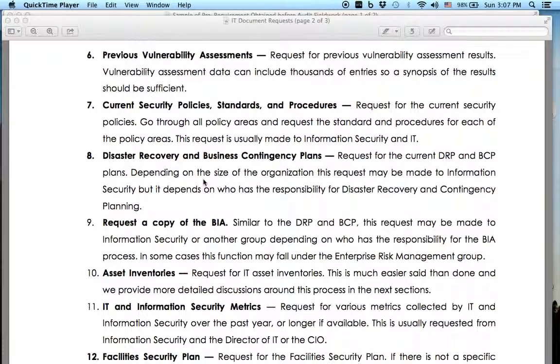And number 8, we also obtain the disaster recovery plan and the business contingency plan. Why do we need this document? Because this document is very important when we focus on full HA, full high availability, so we need to understand the system recoveries. We need to understand the particular areas of concern during the disaster recovery exercise.